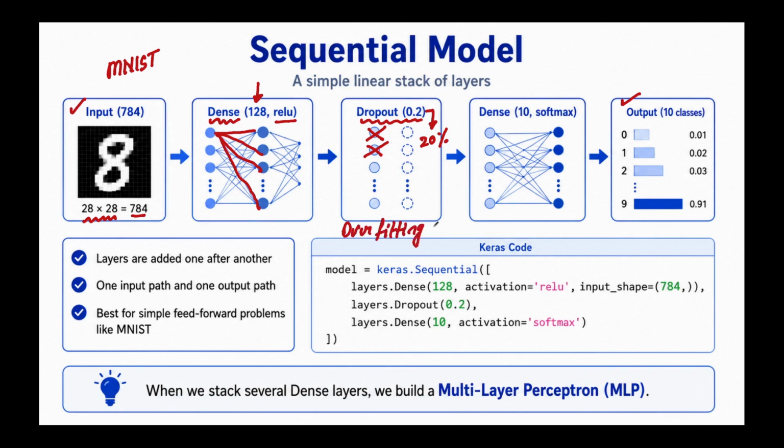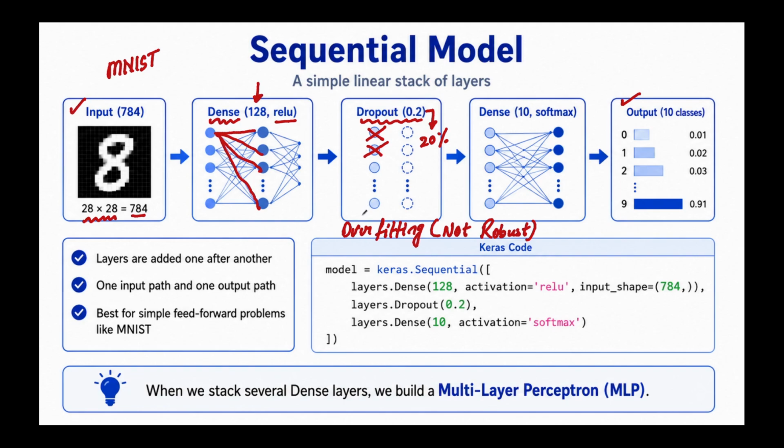So dropout forces the model to learn more robust patterns. If the overfitting is high, the model is fully adapted to this particular data. If you give it new data, there is a high chance and risk of predicting it wrongly. So that's why we avoid overfitting by introducing dropout layers.